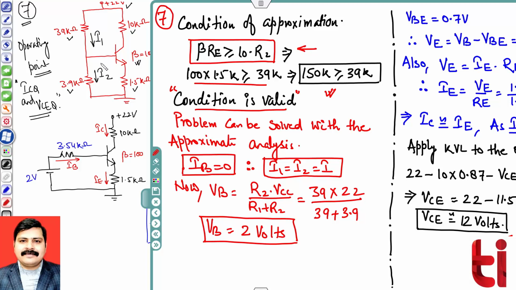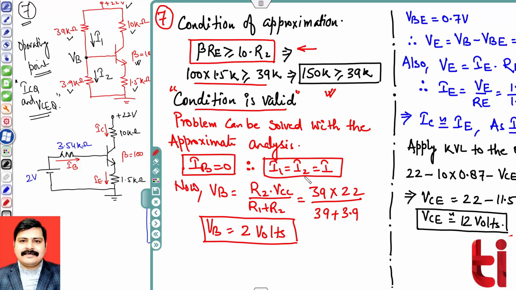Now we have to find the voltage VB, that is the voltage across the 3.9 kilo ohm resistance. So apply the voltage division rule.